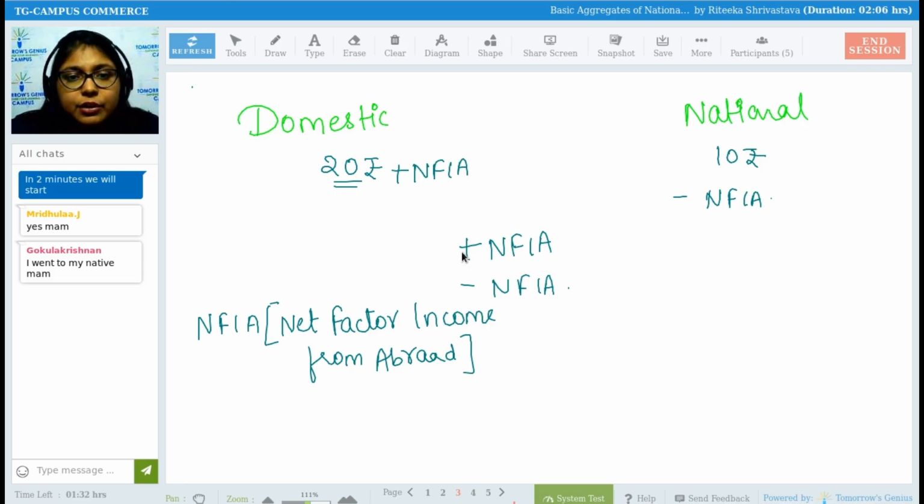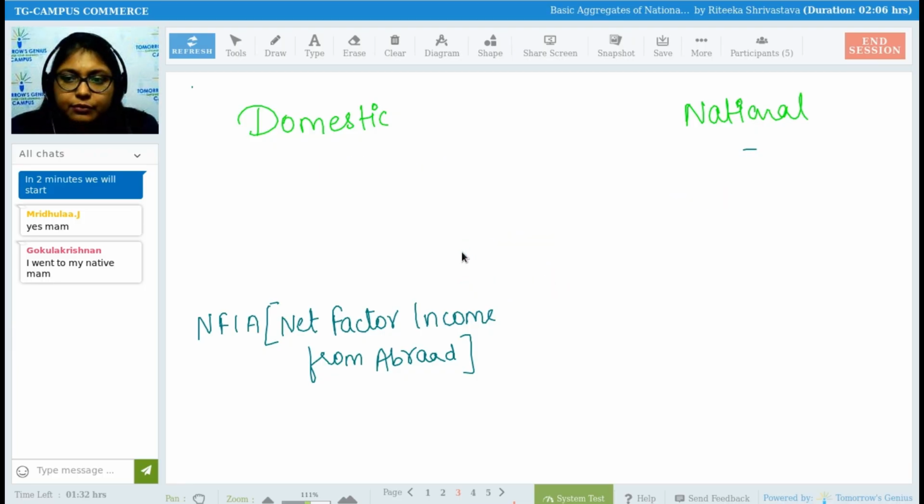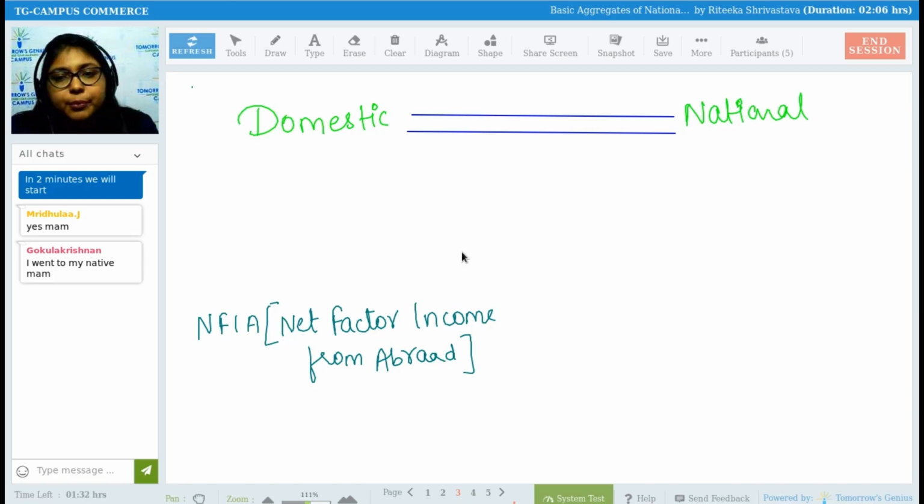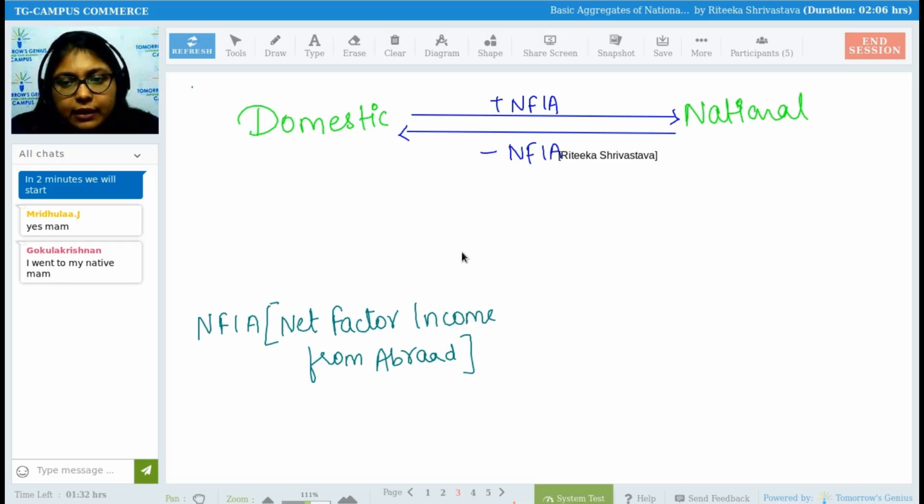Right? So again, for this, we have one chart. Whatever is simpler for you all, you can refer to it. If you want to go from domestic to national, you have to add NFIA. And if you want to go from national to domestic, you have to deduct NFIA.